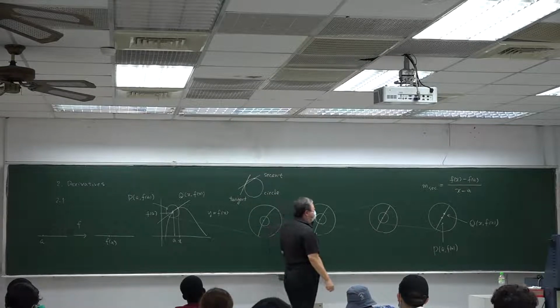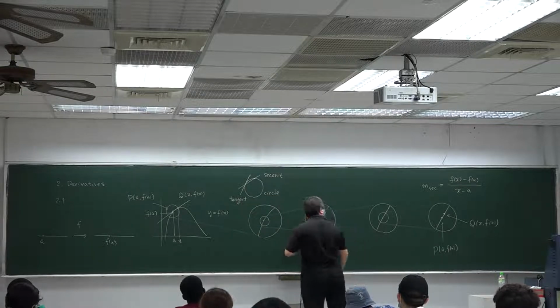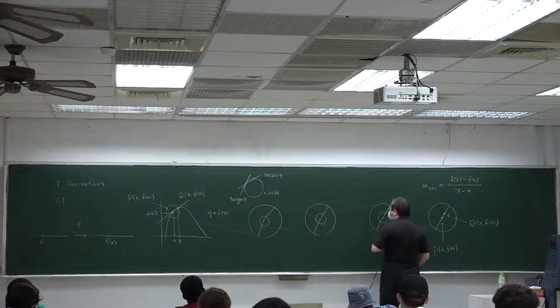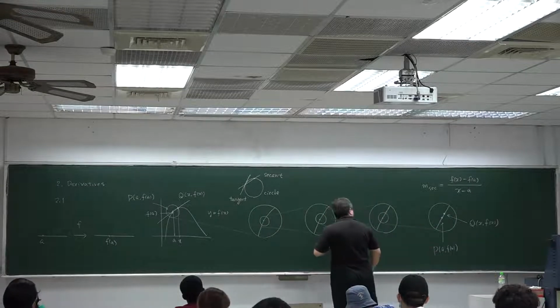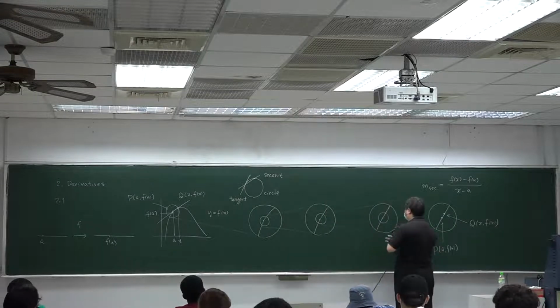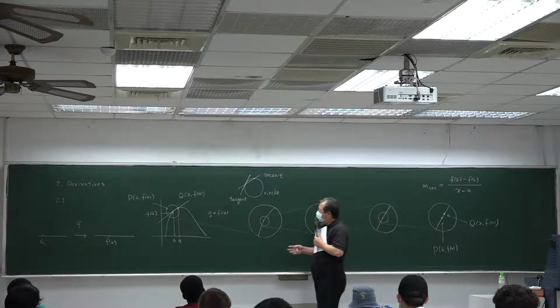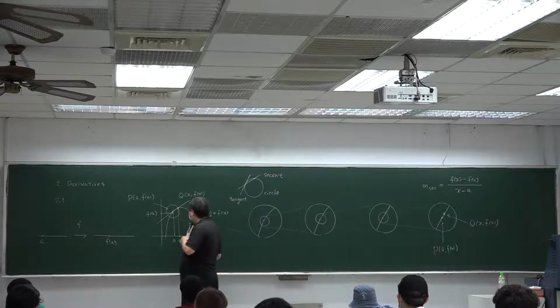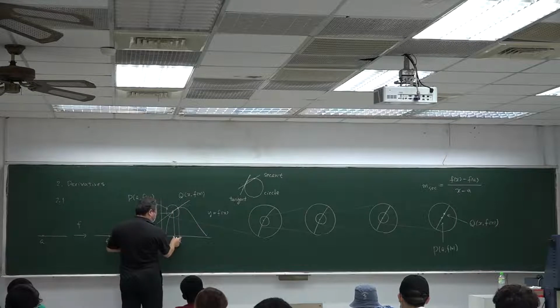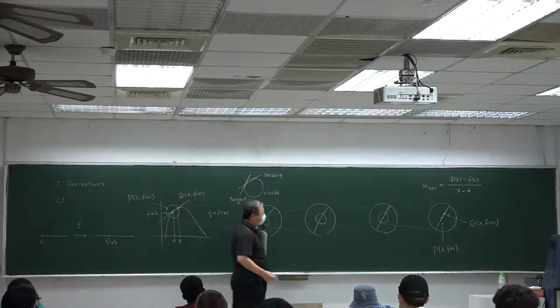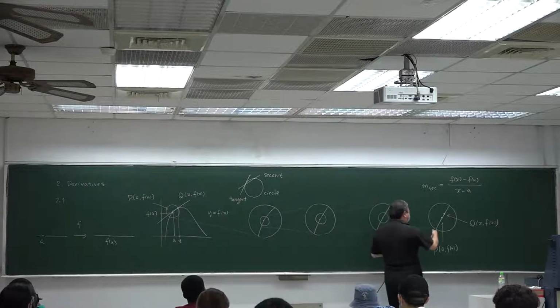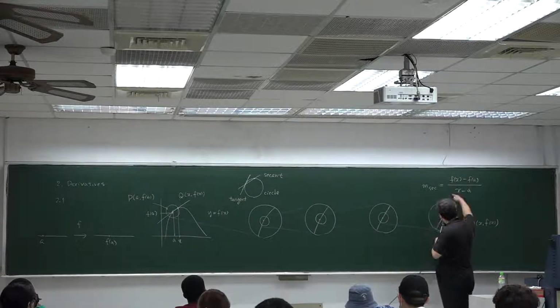Okay. So in order to find this, we may zoom into this part, and finally, if x is sufficiently close to a, then the slope of this should be the slope of this straight line.